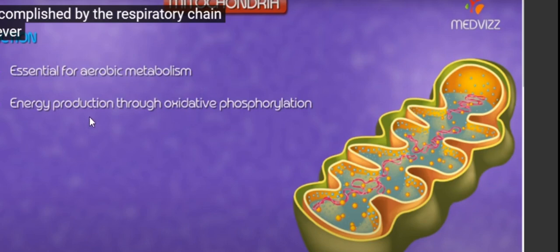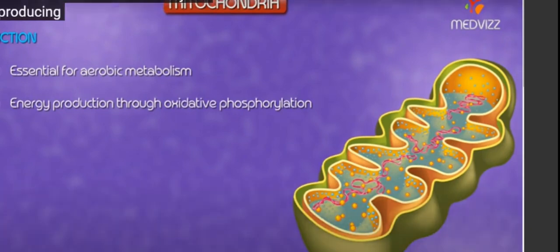Energy production through oxidative phosphorylation means that inside the mitochondria, energy production occurs by oxidative phosphorylation, or simply, by aerobic respiration. According to your level, simply remember energy production occurs through aerobic respiration, and oxidative phosphorylation is one phase of that respiration.